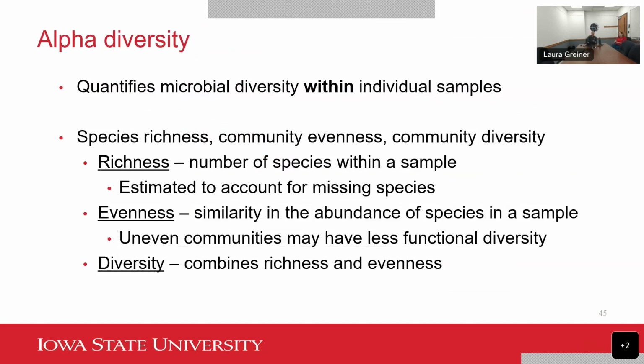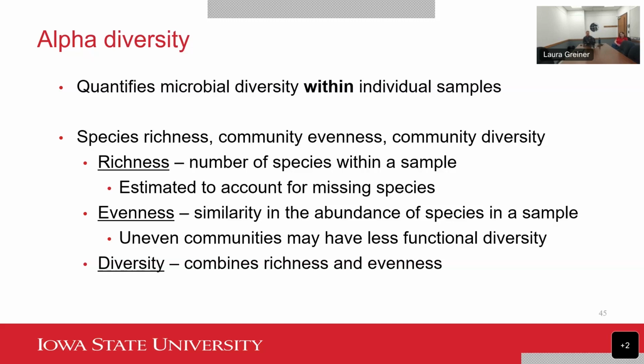From there, we're also interested, from a high level view, in the diversity of those microbial communities. There are two forms of diversity, alpha diversity and beta diversity, that you'll hear about. To start with, alpha diversity is quantifying the microbial diversity within individual samples. When we think about alpha diversity, we're concerned with richness, evenness, and diversity. Richness is the number of species within that sample.